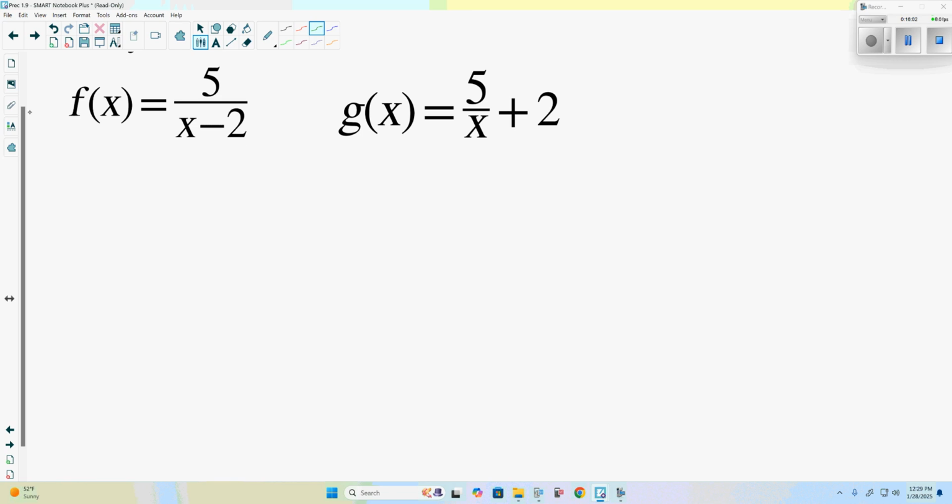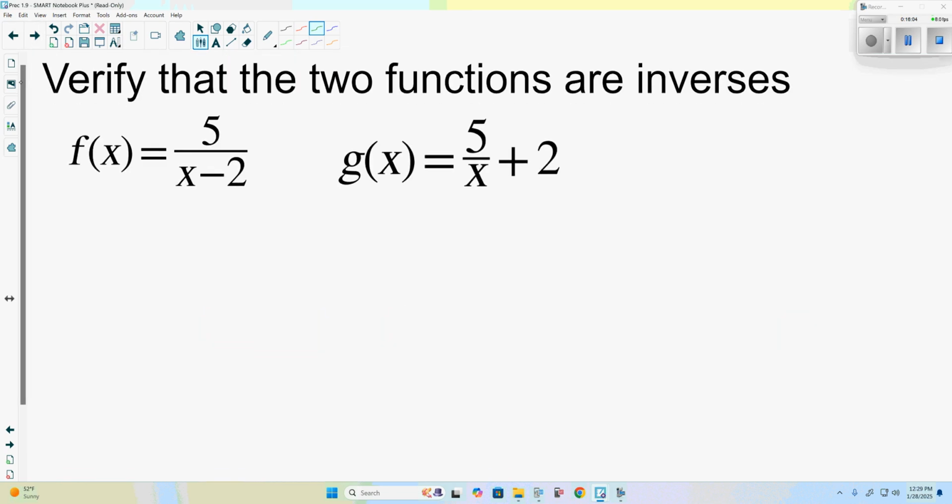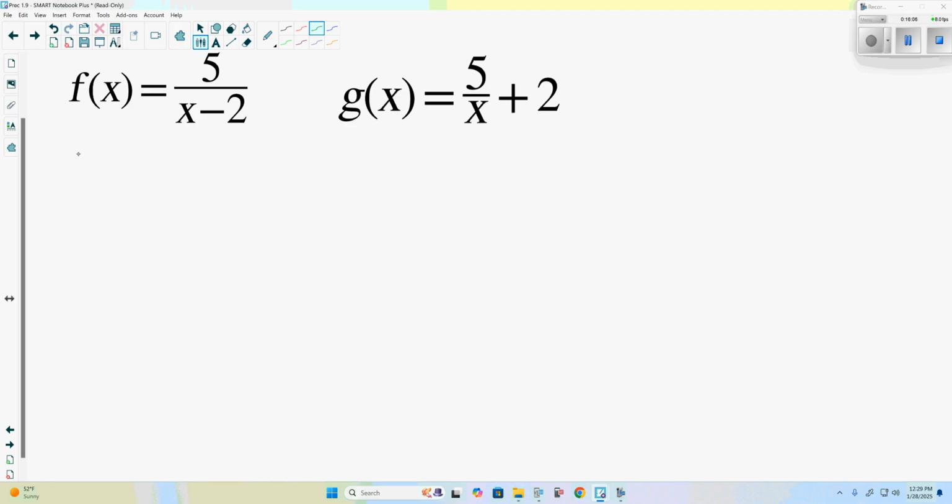So if we wanted to verify that these two functions are inverses, all we have to do is find the composite of f of g of x and verify that this does equal x. In doing so, the first thing we're going to do is replace g of x with its function, 5 over x plus 2.